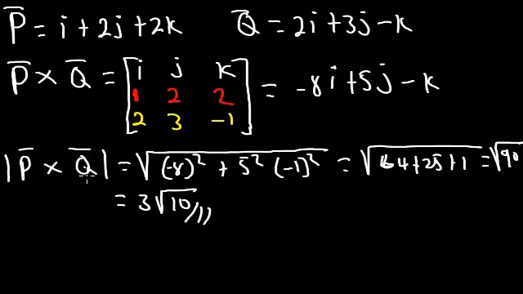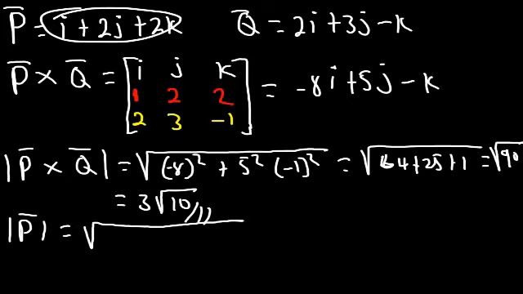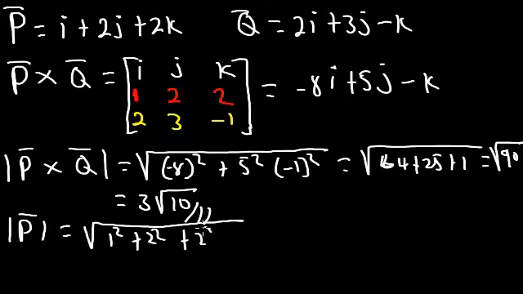So now we should determine the magnitude of individual vector. What will be the magnitude of vector p? That will be the root of the sum of the square of its components. That's 1 squared plus 2 squared plus 2 squared. And that is just 1 plus 4 plus 4.